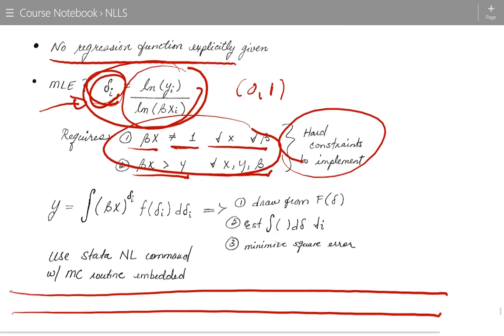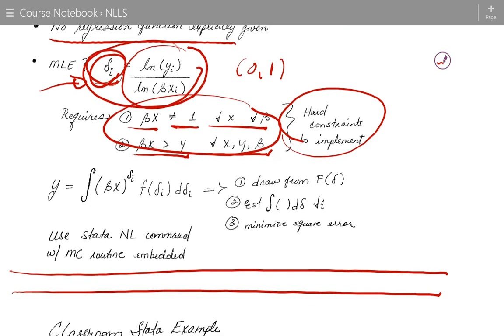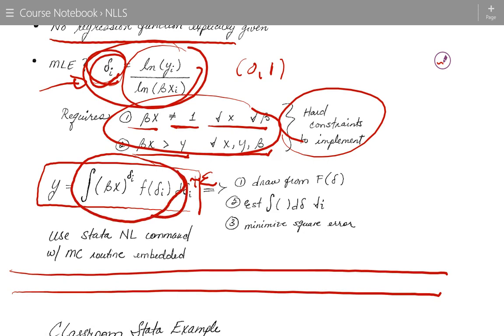But we can express this as y is equal to the integral of this plus my regression error here. And so we can evaluate this integral by drawing from the distribution of delta, evaluating this quantity at each of those draws, and taking the sample average.